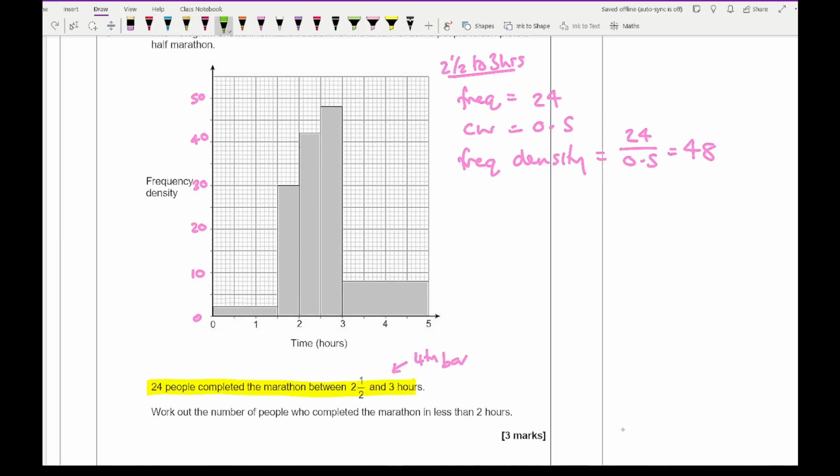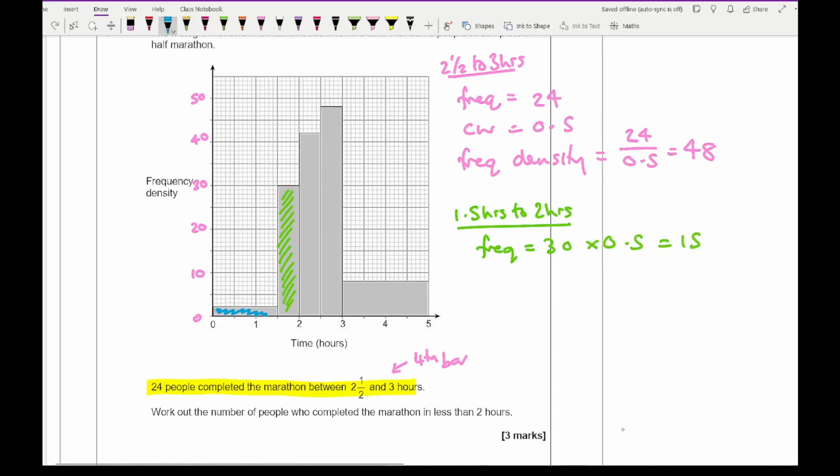Now it says work out the number of people who completed the marathon in less than 2 hours. So I want this green bar and I want this bit here. So working with the question, the area of the green bar, which is 1.5 hours to 2 hours, is going to be 30 multiplied by 0.5, which is 15.